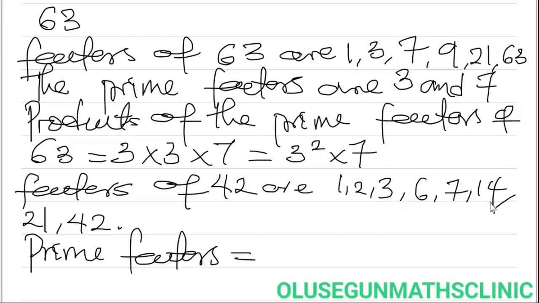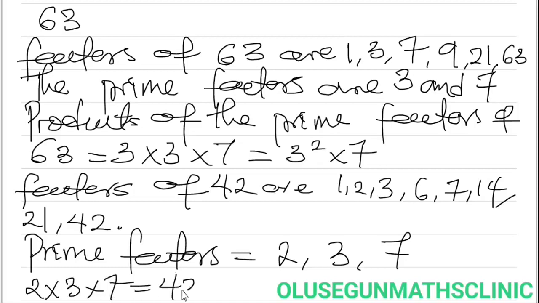So 2, 3, and 7 are the 3 numbers. In multiplying them, we have 2 times 3 times 7, which is equal to 42. So these are the prime products of the number.